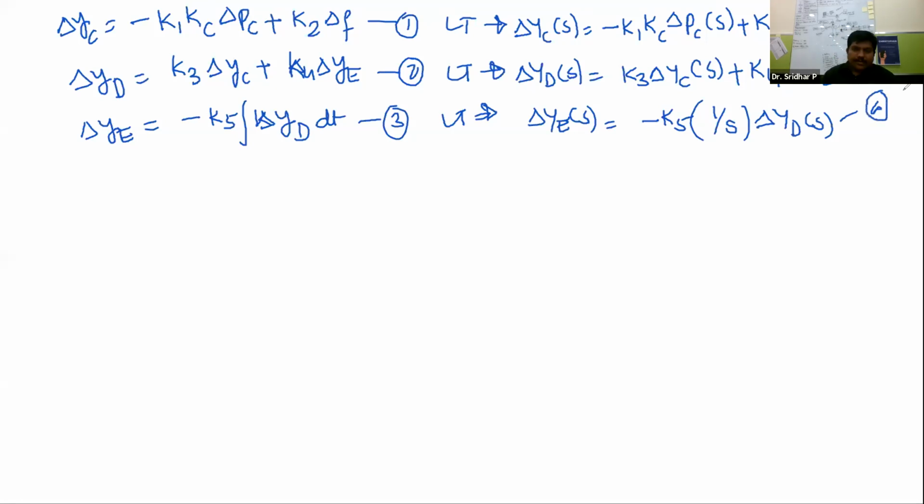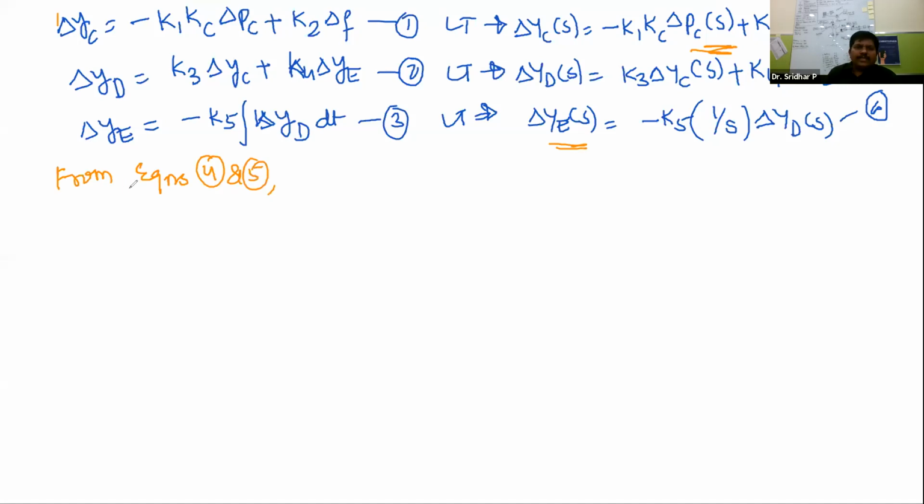What I am doing is, from equations 4 and 5, because here we already discussed what the required variables and the intermediate variables are. The required variables are the input, delta pc of s, and delta ye of s, which is nothing but the output.